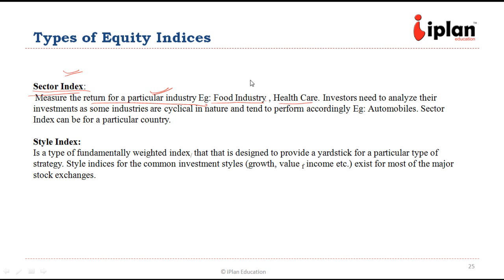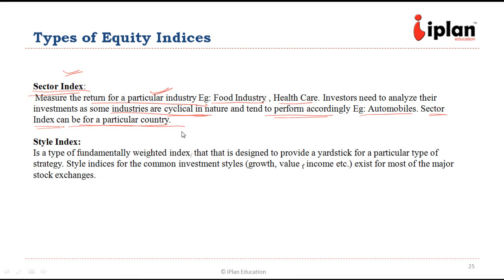So the investor needs to analyze the investments because some industries are cyclical in nature and will perform accordingly in cycles, for example automobiles, and there could be another kind of sectors which are not affected so much by the business cycle. So a sector index can be for a particular country. For example, we can have pharma index or IT index, etc.